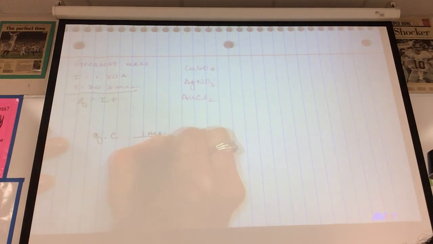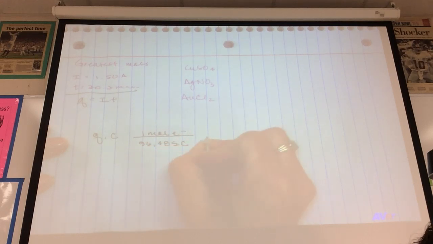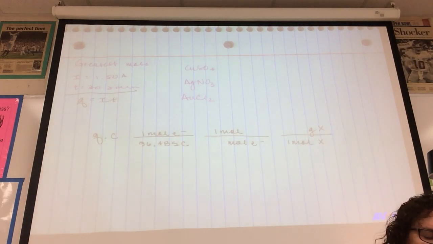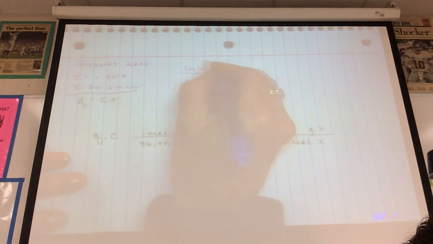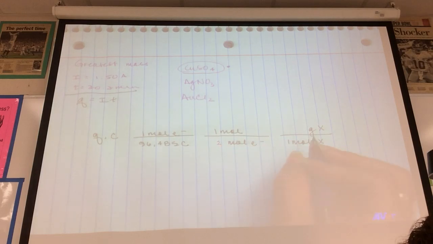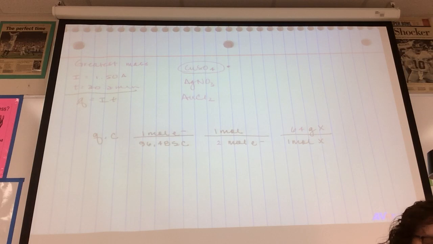For every 1 mole of electrons, you'll have 96,485 coulombs. For every 1 mole of substance, you will have some moles of electrons. And then for every 1 mole of substance, you'll have some gram of substance X. So for the copper 2 sulfate, how many moles of electrons will we have? 2. And copper has a molar mass of approximately 64.